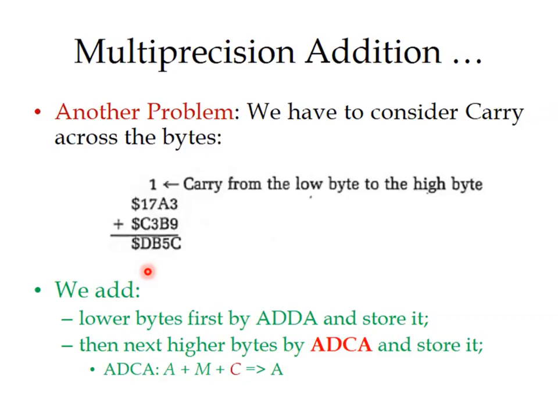So this is how we actually do it. We first add the lower bytes in the accumulators, just using our most common instruction for addition, which is ADDA.